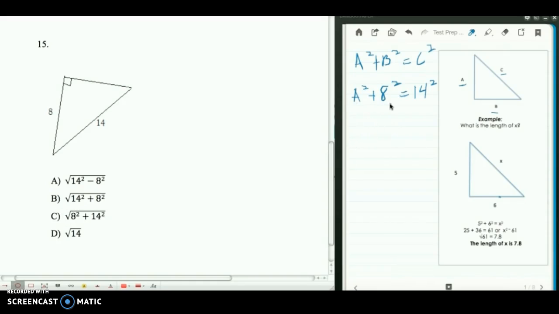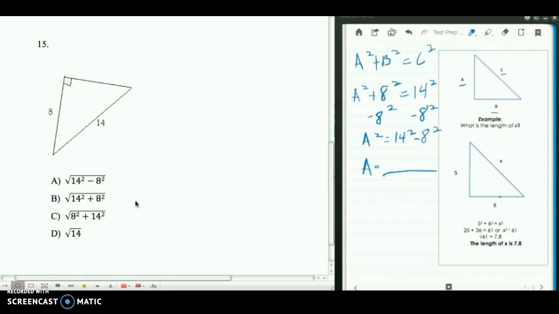In order to get a is equal to whatever, we need to get this 8 squared over on this side. To cancel that out, we do the opposite of addition, which is subtracting 8 squared from both sides. So a squared is equal to 14 squared minus 8 squared.